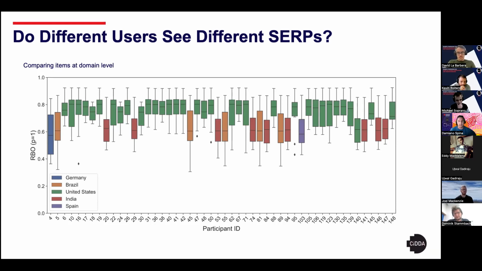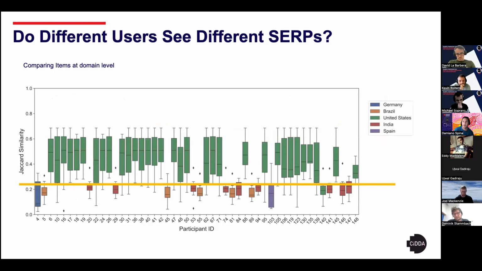As we can see, there is a pattern that we can identify, which is country of residence. Workers from the most popular country of residence in our crowd workers generally have higher rank biased overlap, whereas the workers that come from the other countries see more dissimilar rankings.